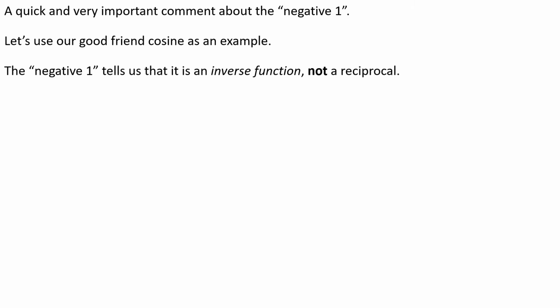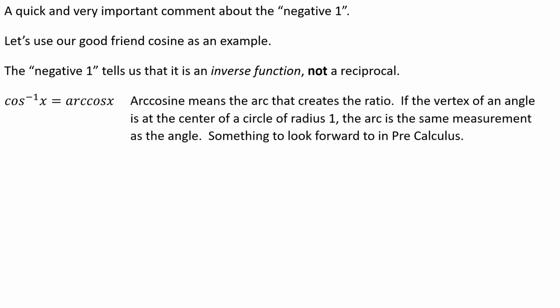If it was a plain old number, the -1 would be an exponent. But instead, when it's a function, that -1 tells me inverse function. So cosine with that -1 is telling me I want the arc cosine.